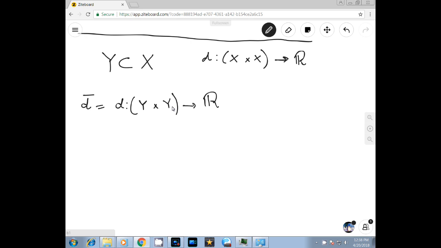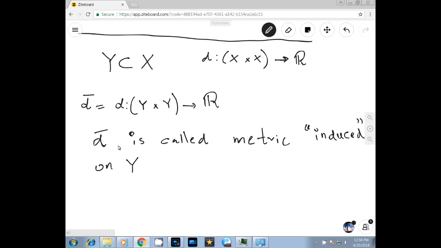And we call this new metric d bar the metric induced on Y, because now d bar is being applied on Y. And who is inducing this metric? The metric d is inducing it on Y.